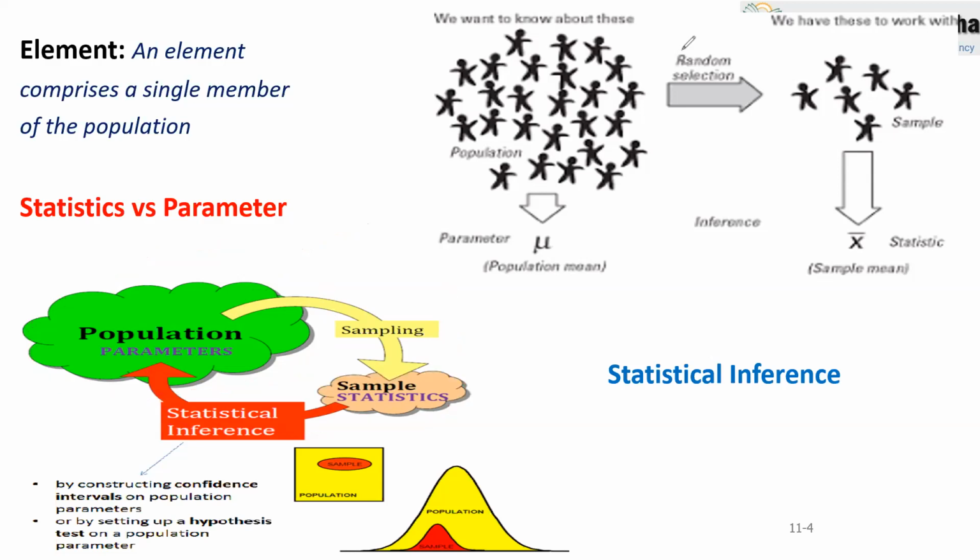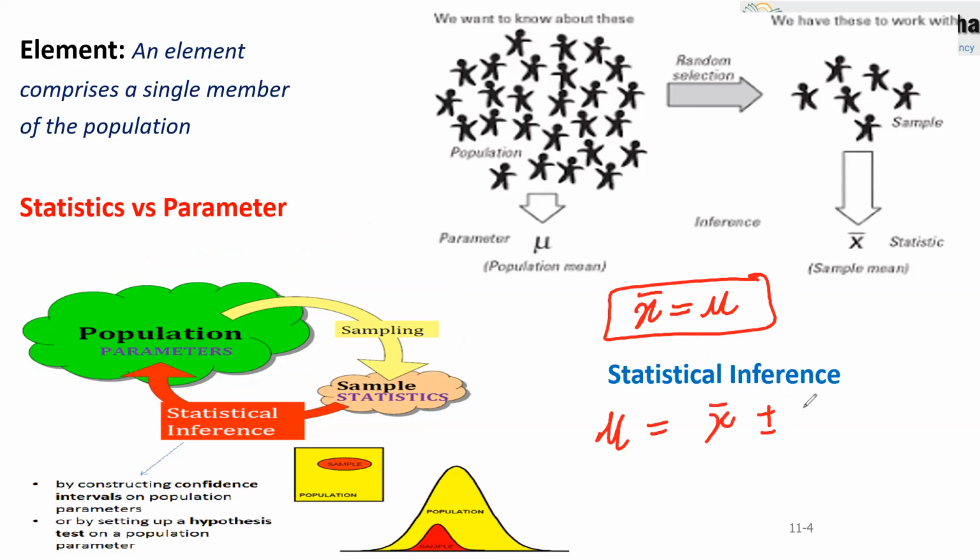One thing I'm also telling you: can we say x bar is always equal to mu? We cannot say the sample mean is always equal to the population mean. Rather, we can say that the population mean is equal to the sample mean plus or minus the margin of error. So the population mean should belong to this range.